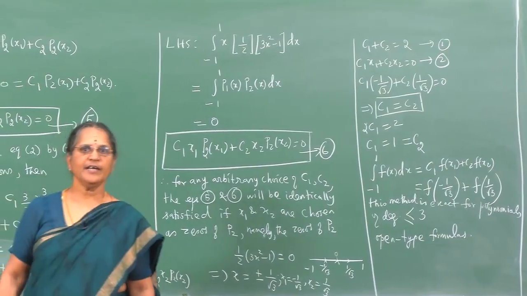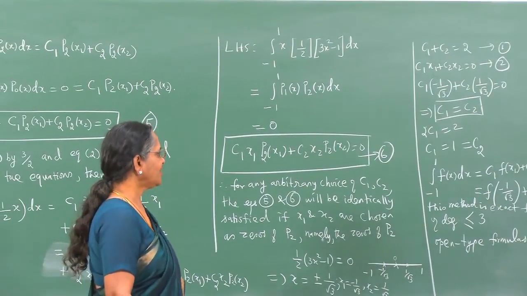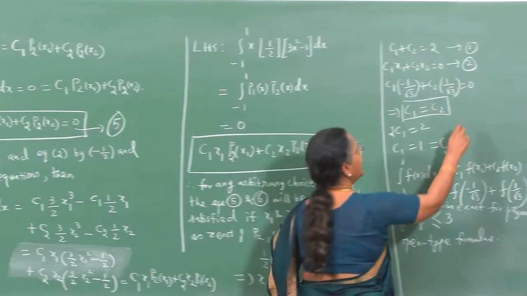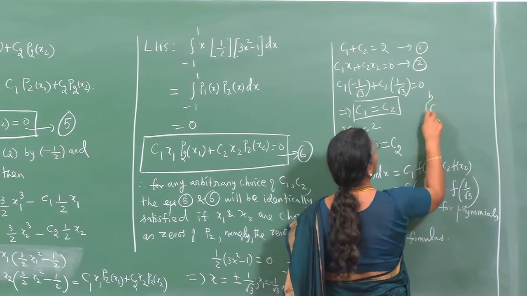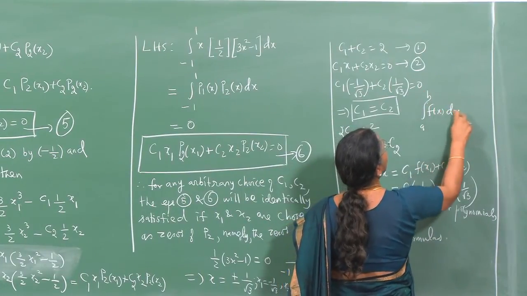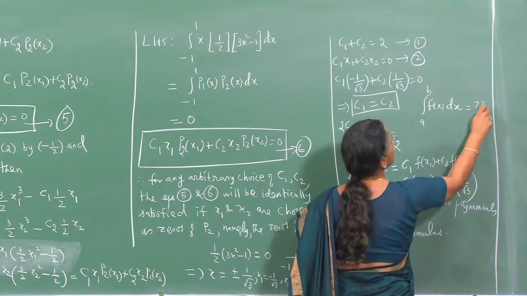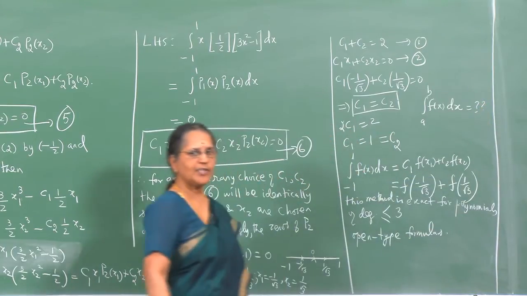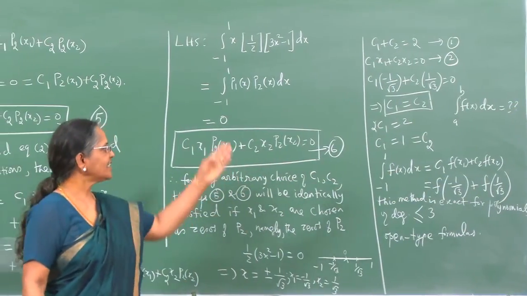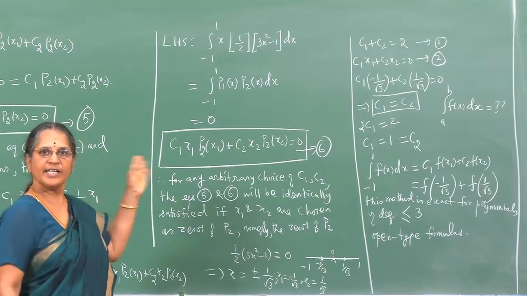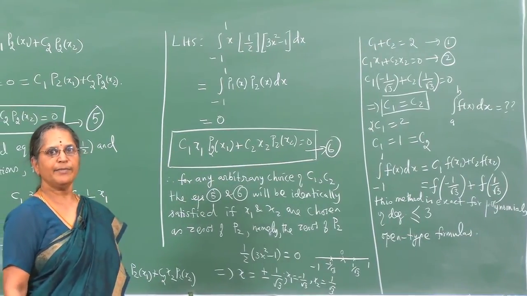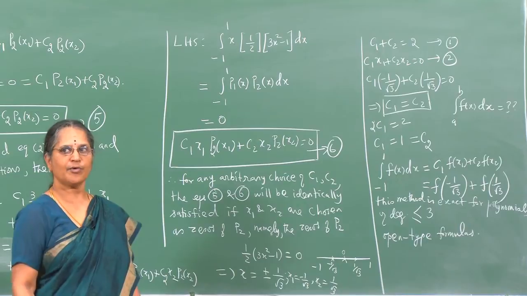So, usually we will be given an integral of the form integral a to b f of x dx, and we will be asked to evaluate this integral. Suppose we are asked to evaluate such an integral using the 2-point Gaussian quadrature technique.